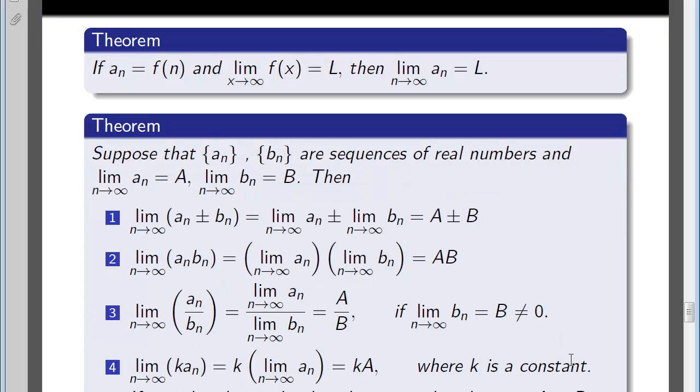Now we have two useful theorems for the limit. One of them concerns the limit of the function f. If f has a limit L as x goes to infinity, then we know that the limit of the sequence a_n is also L. The second theorem gives us some properties of the limit, such as linearity, multiplication, ratio, multiplication by a constant, or ordering of the limits.